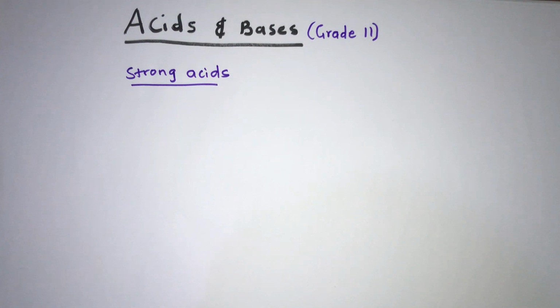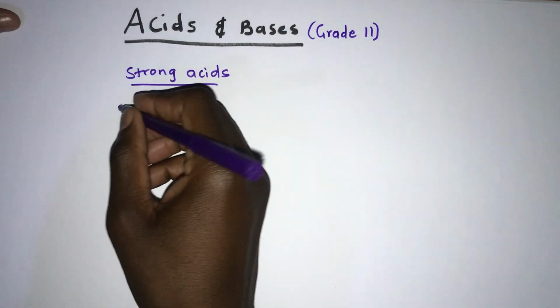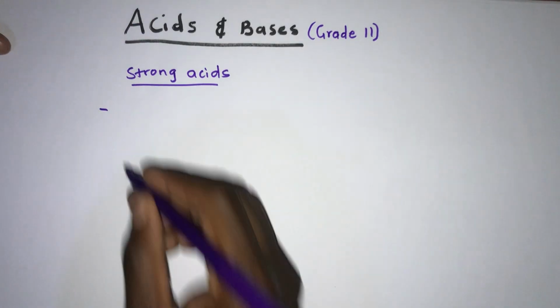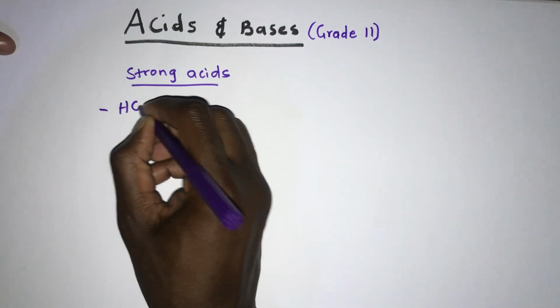So we have the strong acids and we have the other acids. If the acid is not strong, that means it is a weak acid. If the base is not strong, it means that it is a weak base. So the list of the strong acids, acid number 1, let's talk about HCl.